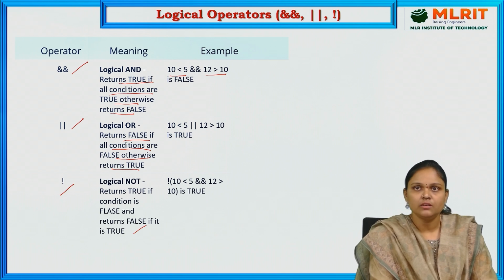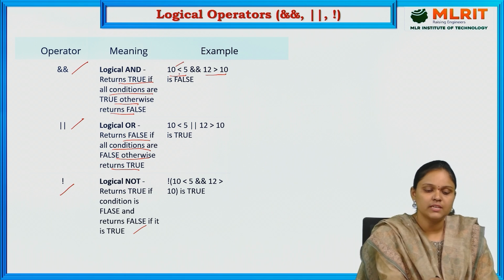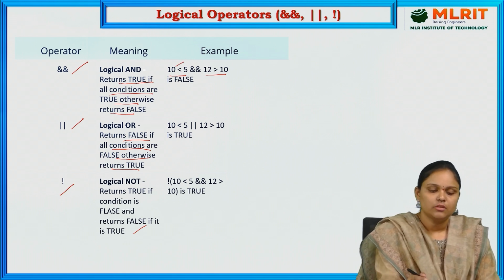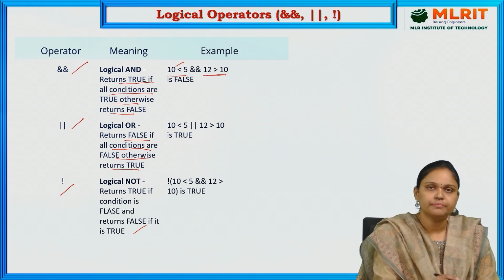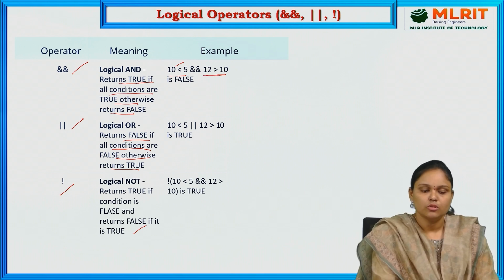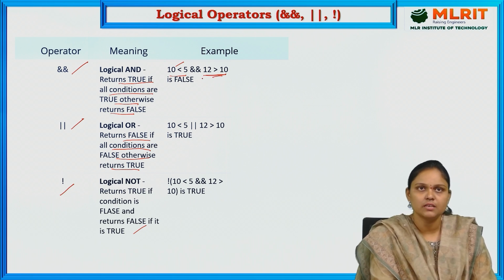So we are checking whether both conditions are true or false. 10 is less than 5? No, that is false. And 12 greater than 10? Yes, it is true. So one condition is false and the other condition is true. So obviously we'll get the expression as false.